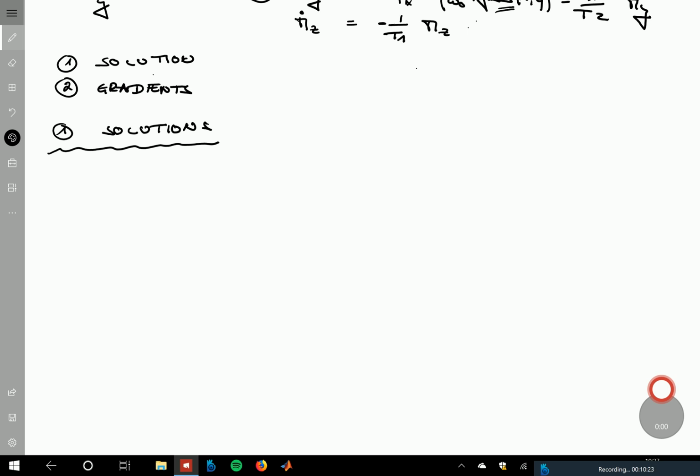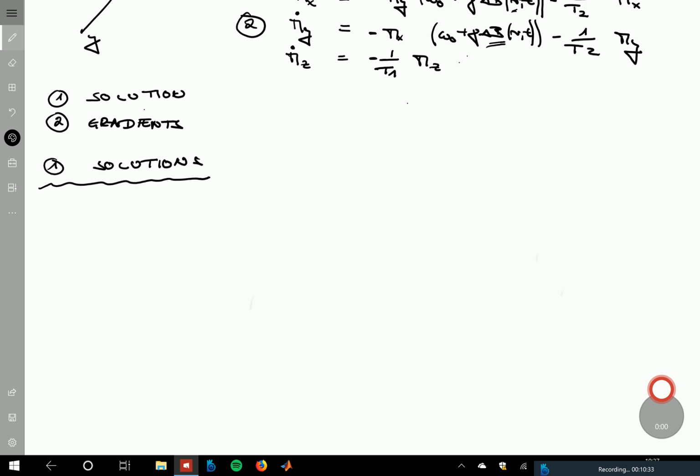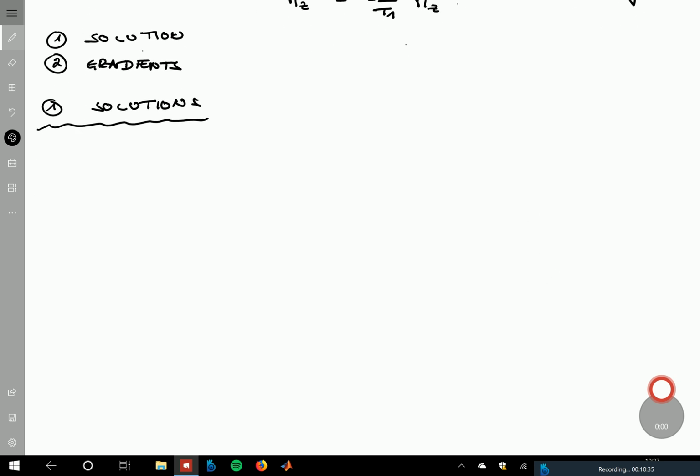Yeah? Because that's not what we do right now. Good, so the solution to this system of differential equations, now again with the dependencies, I think it doesn't hurt to put them in.